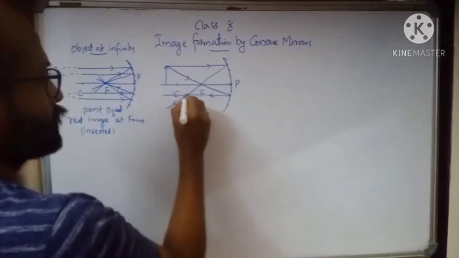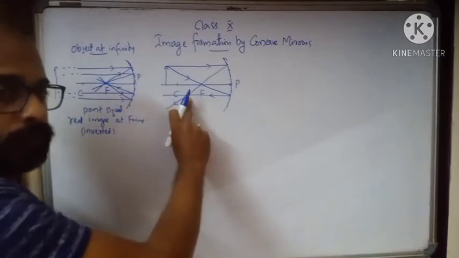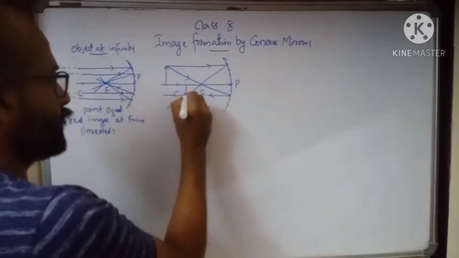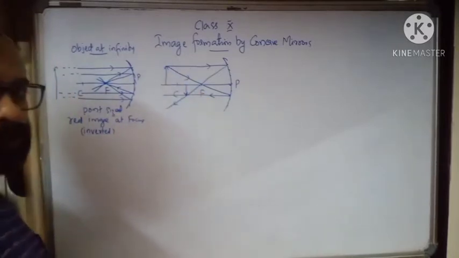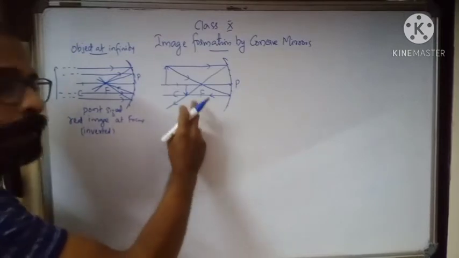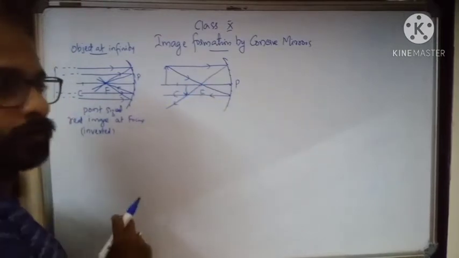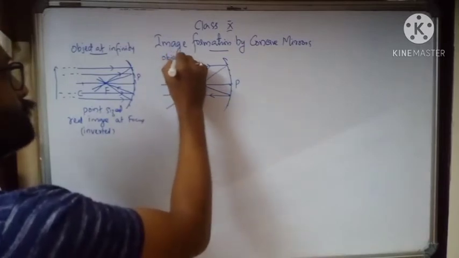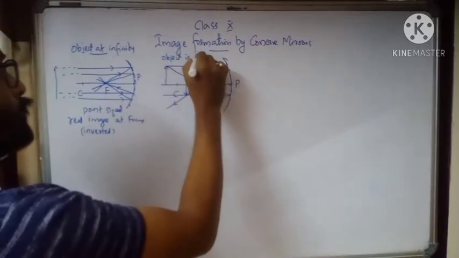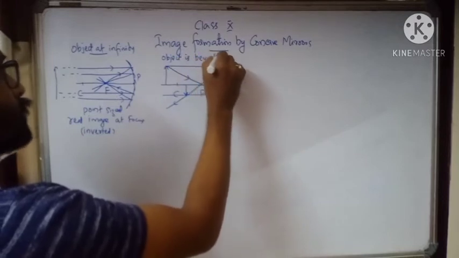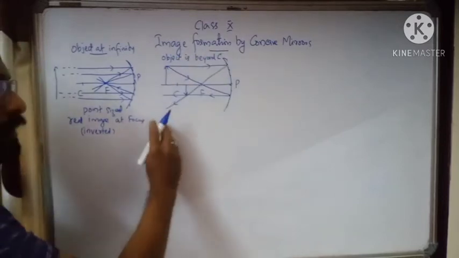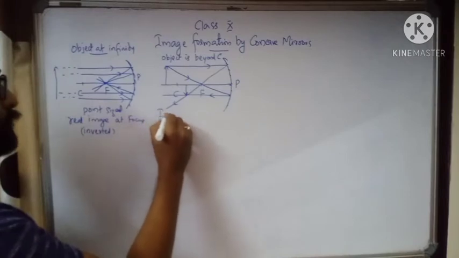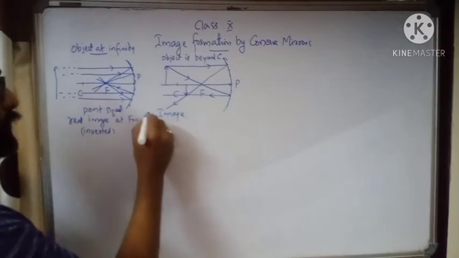Now where they meet, somewhere here they will meet. After reflection, here we will get the image. Compared to the object, the image is small in size. The image is obtained between the center of curvature and the focus. So here the object is beyond C, just beyond the center of curvature. And the image is a real image.